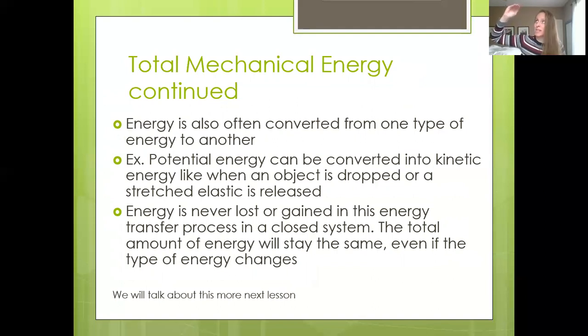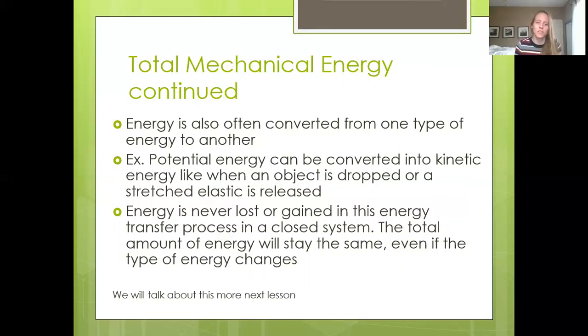Anytime you have an object that is falling, you always have potential energy being converted into kinetic energy. The further down something is, the lower its potential energy is, but the longer it has fallen for, the more kinetic energy it has.